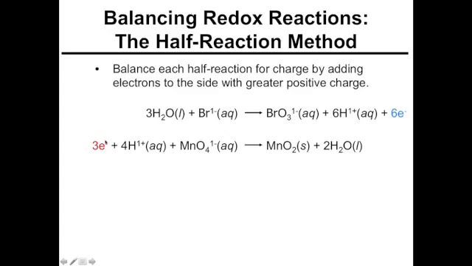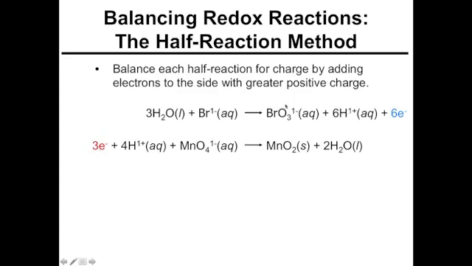Now if you notice, I have 6 electrons being lost in this half reaction and 3 electrons being gained in this half reaction. You always must have the same number of electrons that are being lost in one half reaction as is being gained in the other.